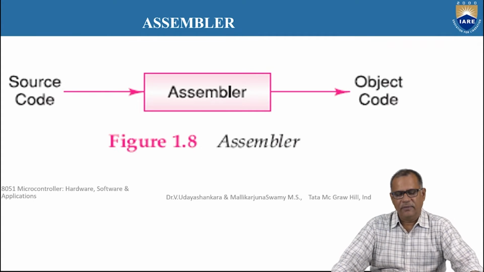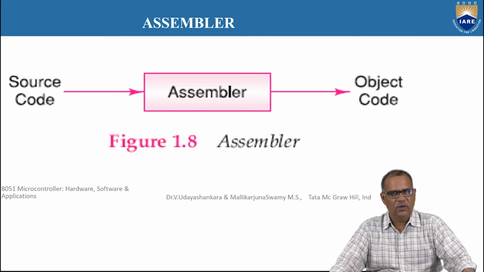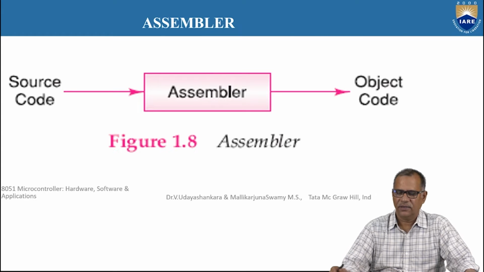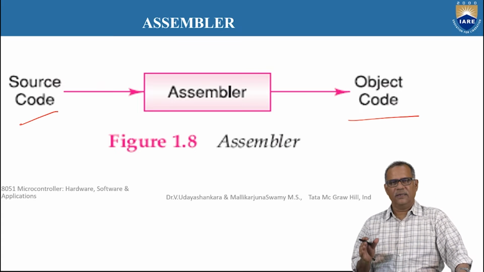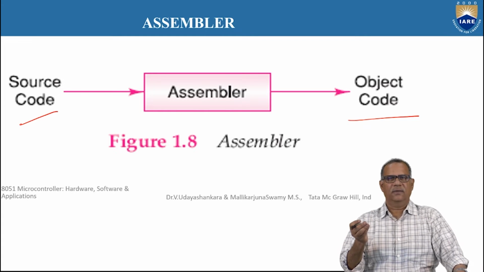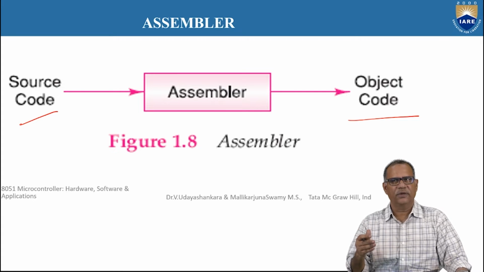And assembler, what is an assembler? An assembler takes the simple source code and converts it into zeros and ones, and you get the object code. So here the source code contains one-word or two-word instructions, and the assembler converts this source code into the object code.